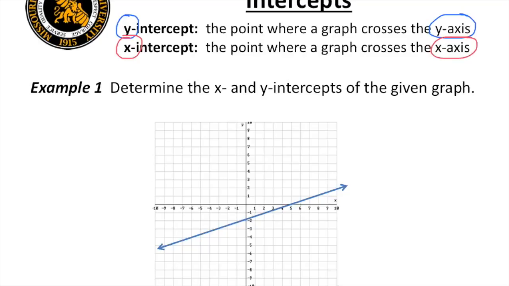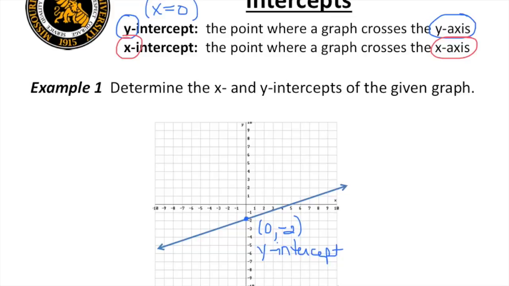So consider example 1 in which we're given the sketch of a line. Notice that our line crosses the y-axis at (0, -2). That particular point is our y-intercept. Notice that at our y-intercept, the x value is 0.